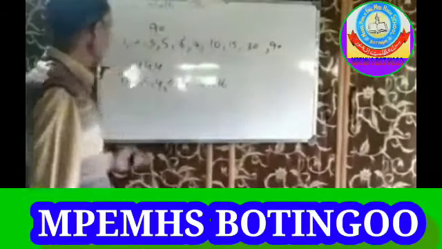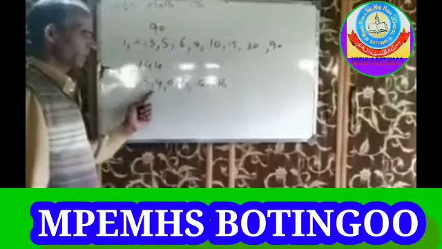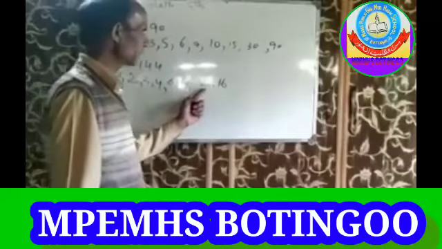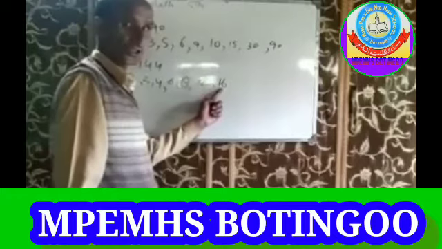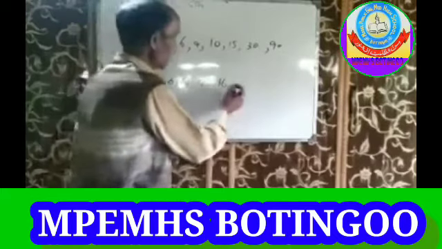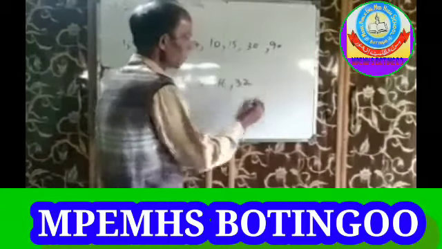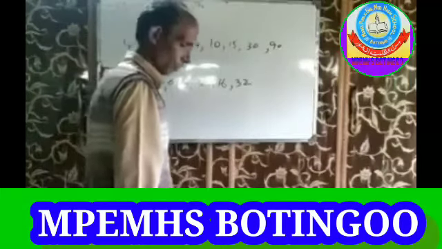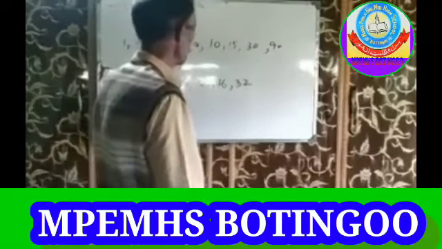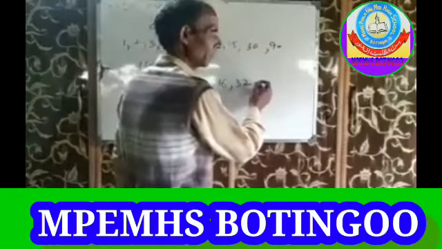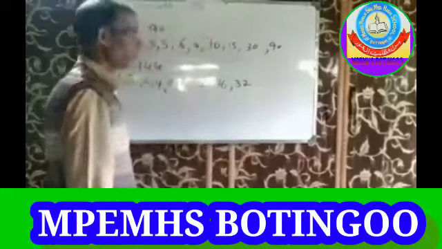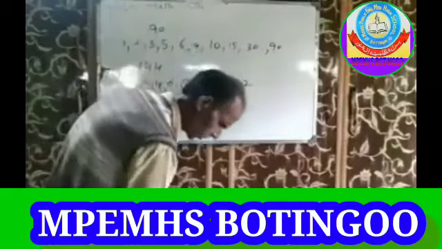So we have proved 1 is a factor, 2 is a factor, 3 is a factor, 4 is a factor, 6 is a factor, 8 is a factor, 12 is a factor, and 16 is a factor. So we can say 32 is also a factor of 144. These are the factors of 144.